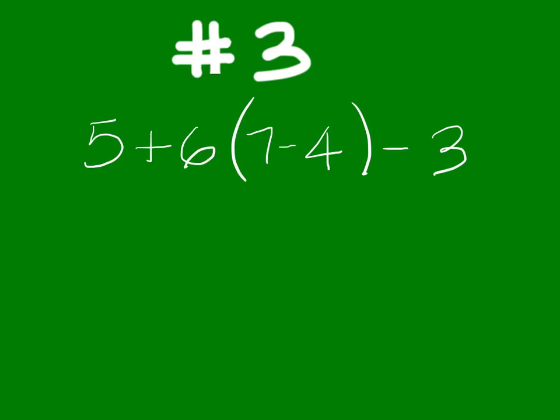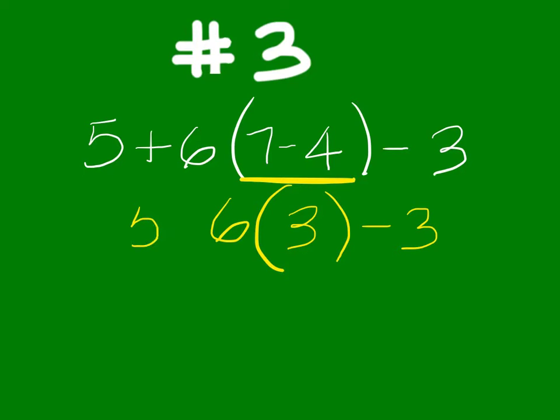What do I do first in this problem? Yeah, we do 7 minus 4, which is 3. So put a 3 there and leave everything else the same. What do I do next?